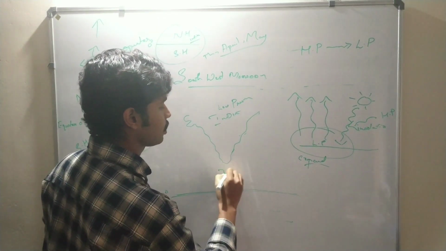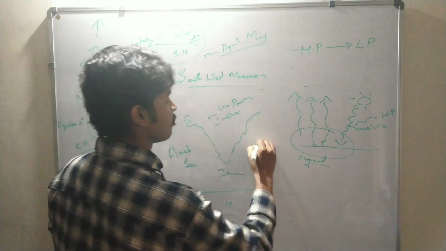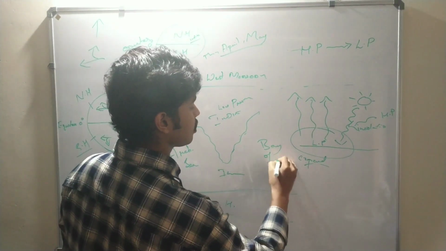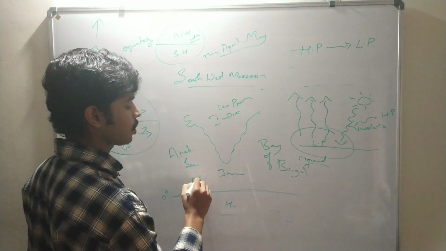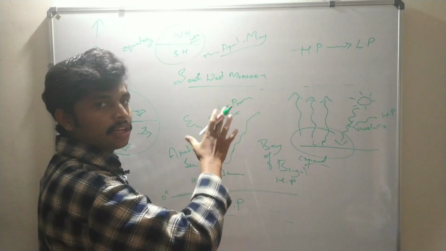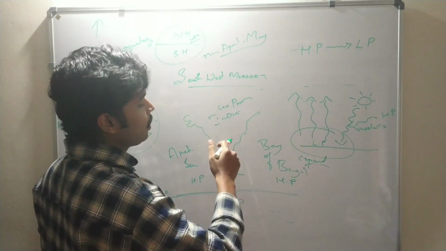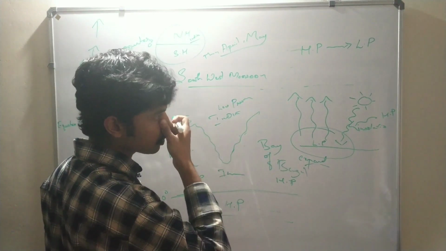Here the Indian Ocean, Arabian Sea, and Bay of Bengal will all be experiencing high pressure over the oceans and low pressure over India. So the wind always blows from high pressure to low pressure.